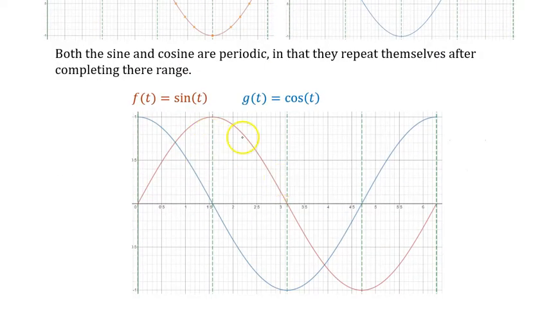Comparing them together, the cosine function is pi on 2 radians ahead of the sine function, and the general shape is roughly the same. In the next video, we'll have a look at what we can do to change the shape of the sine and the cosine functions ever so slightly.